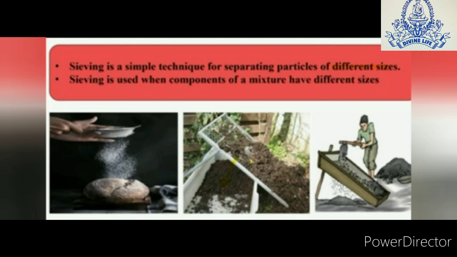For example, the wheat flour which we bring from a flour mill is sieved by using a sieve having very small holes. Sieves are also used at construction sites to separate pebbles and stones from the sand. Similarly, jewelers separate the pearls of different size by the method of sieving.